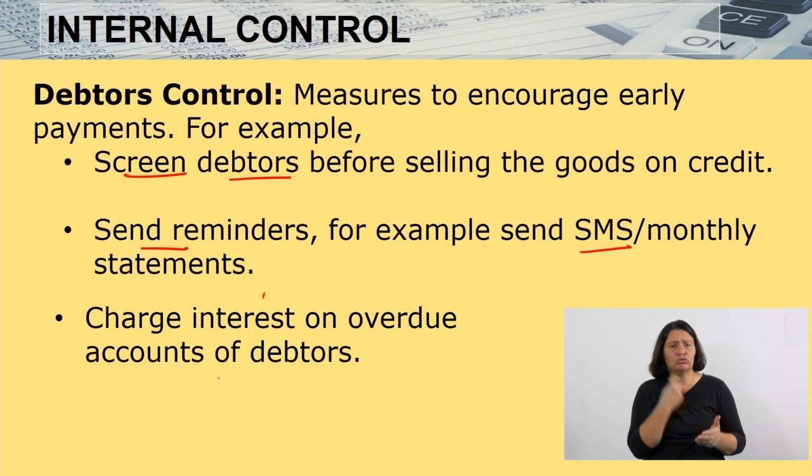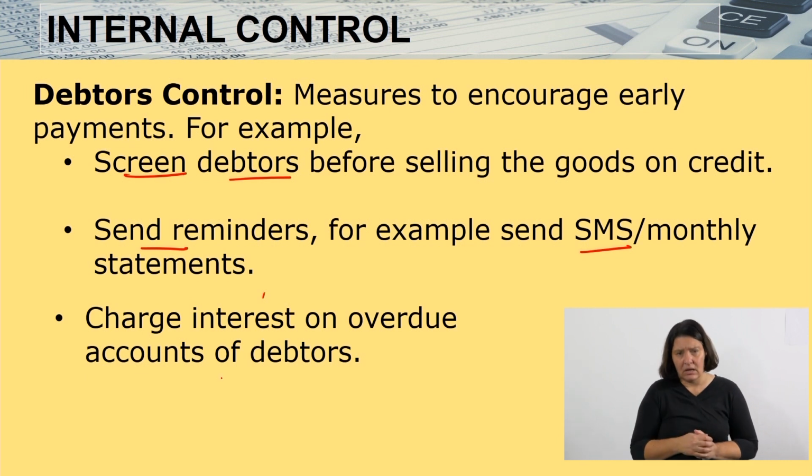And we can charge interest to our debtors on overdue accounts. The moment an account is taking longer to settle, we can charge interest. That will encourage now our debtors to pay the account much quicker so that they cannot be charged interest.